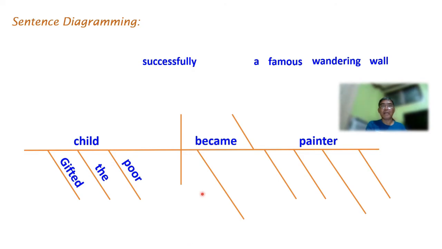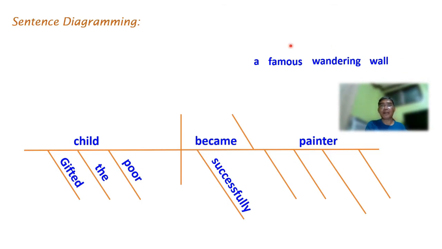The linking verb became has also a modifier, and its modifier is successfully. So we have to put this word on this slanting line. The last four slanting lines are for the modifiers of the predicate noun painter. These modifiers are a, famous, wandering, and wall.